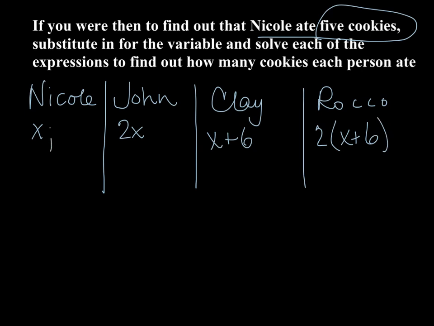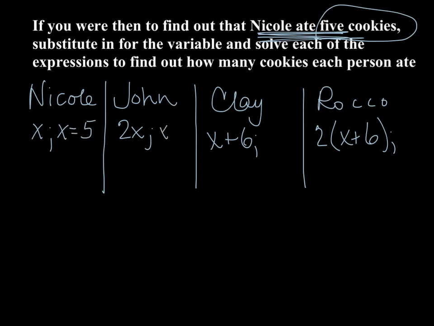Now remember, we separate our expressions. You see how each expression is exactly from my let statements. We're going to separate those with a semicolon. And we know that Nicole ate 5 cookies. Well, remember, that was our x. So therefore, x equals 5.